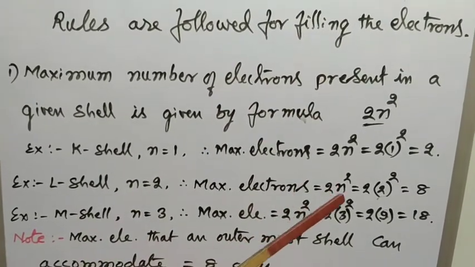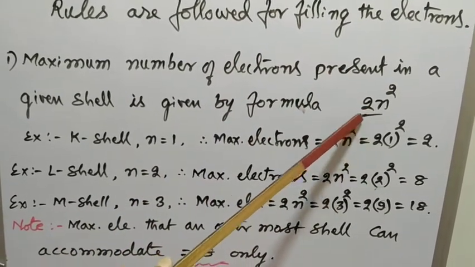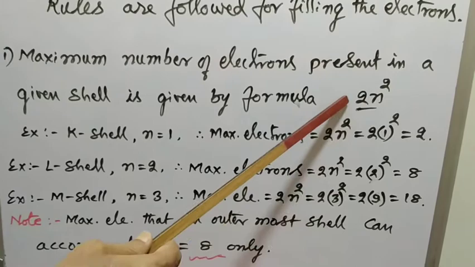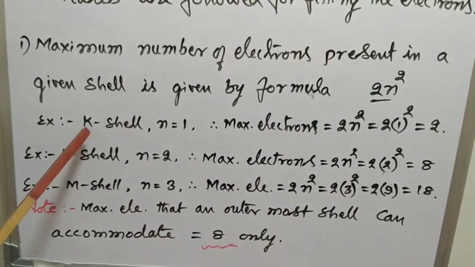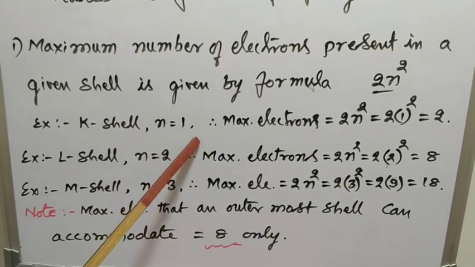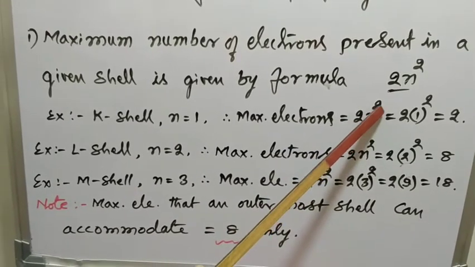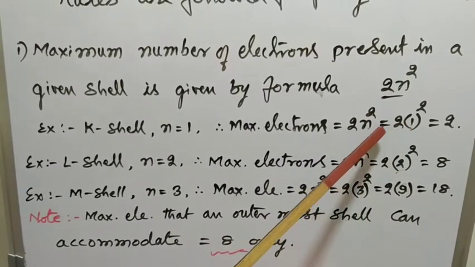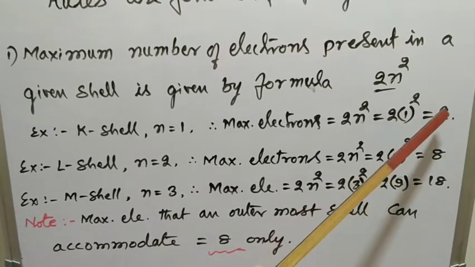For example, K shell, that is the first shell, n equal to 1, maximum electrons 2n square, where n equal to 1, therefore 2 into 1 whole square, 1 whole square is 1, 1 into 2, 2.